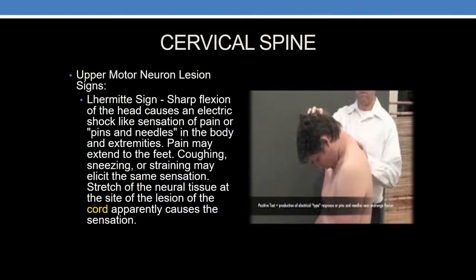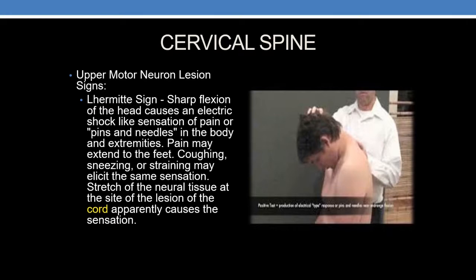Another physical examination maneuver unrelated to reflexes but significant for our purposes here today is the Lhermitte sign. This may also be positive in the presence of cervical myelopathy.